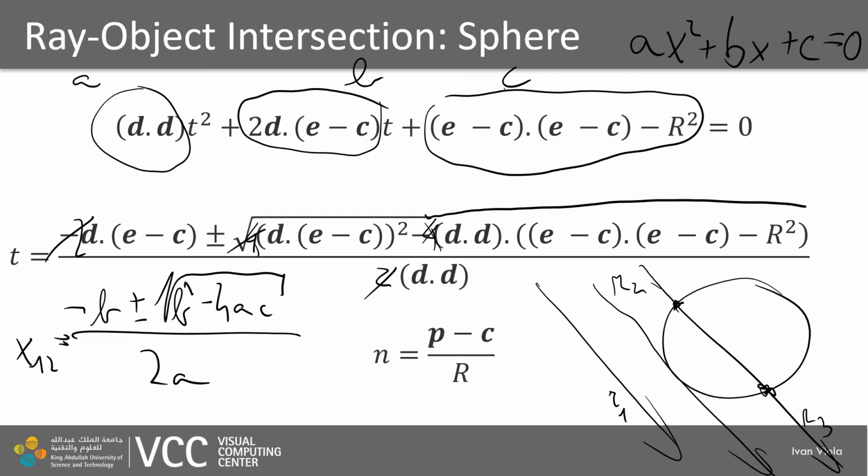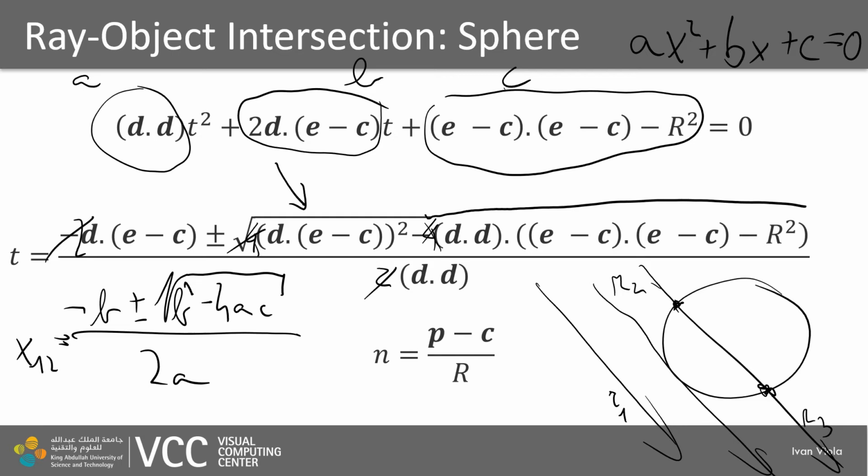So this will give us a t-value. If the evaluation in the discriminant is smaller than 0, this means that the roots of this quadratic equation are not real numbers, they have imaginary components, which means that geometrically the interpretation is that the line and the sphere are not intersecting.